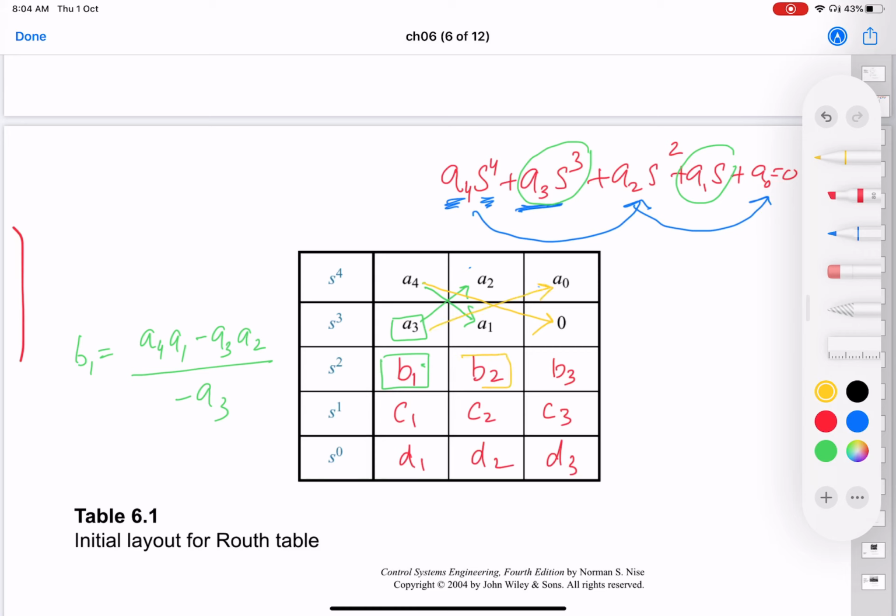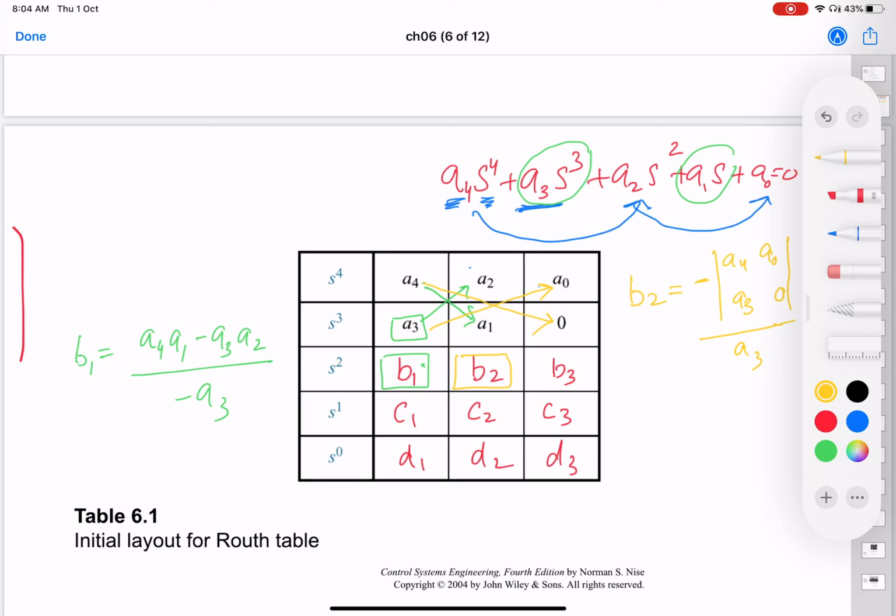So B2 would be minus the determinant of a4, 0, a3, a0, divided again by a3.